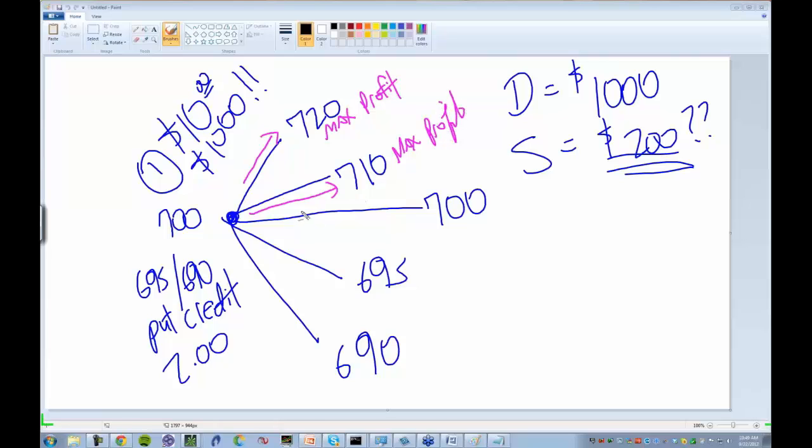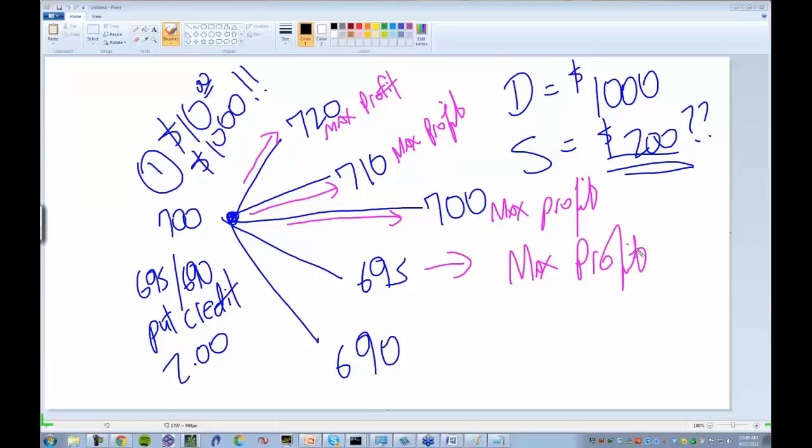If it stays at 700, you make max profit. If it falls and goes to 695, even though this is a bullish play, you make max profit. Now, if it falls to 690, that's when you hit your max loss, but of course you can have a stop loss in place.